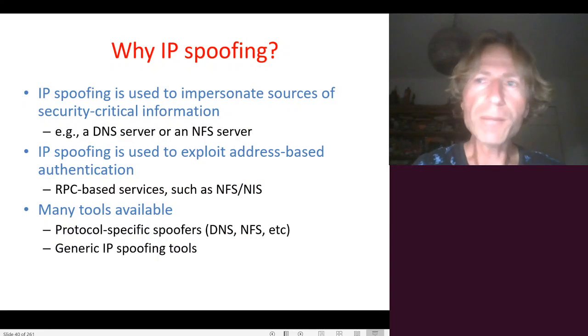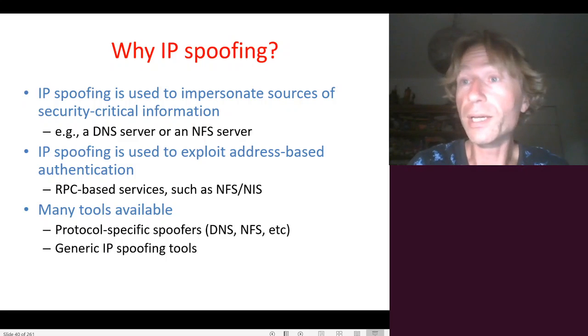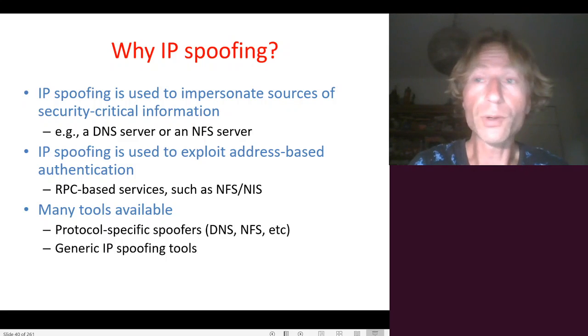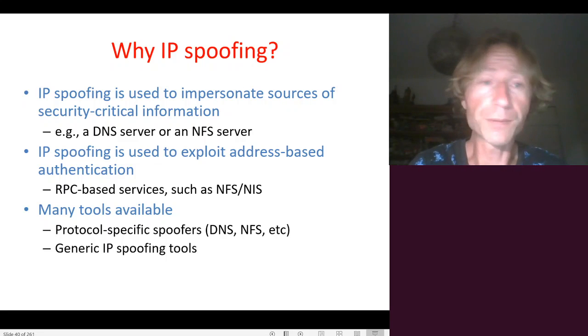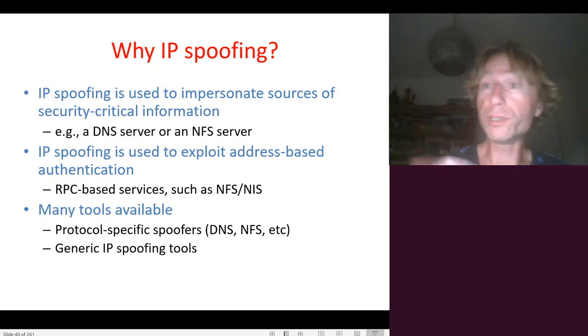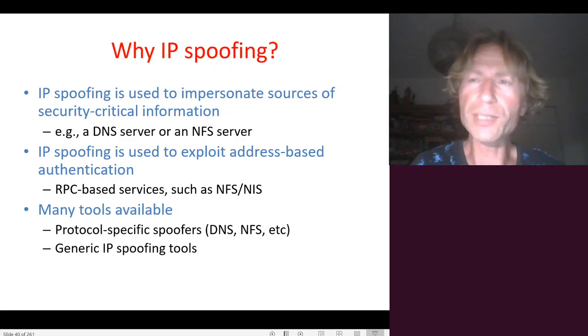Like sniffing, IP spoofing is a good stepping stone in many attacks. You can use it to impersonate sources of security critical information. For instance, maybe you can impersonate a DNS server or a network file system server. Or to exploit some address-based authentication, which is, by the way, a really bad way to authenticate.